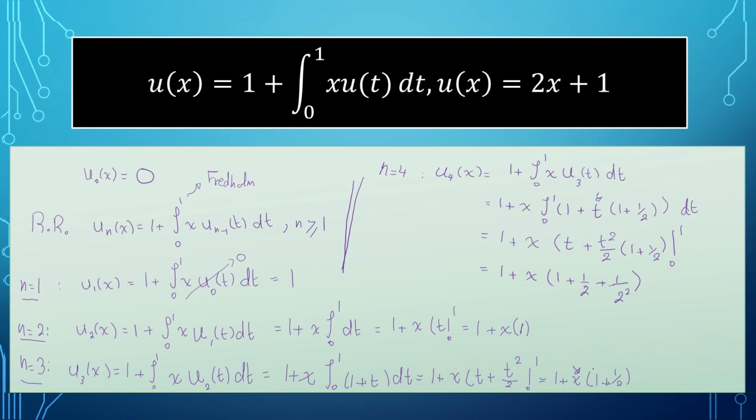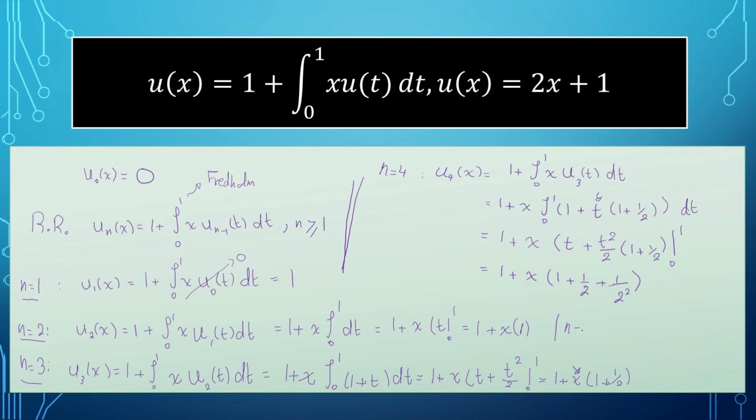And then next to the 1 we add half, and then after we added half we added 1 over 2 squared. So we can imagine how it will look like. So it will be like this.